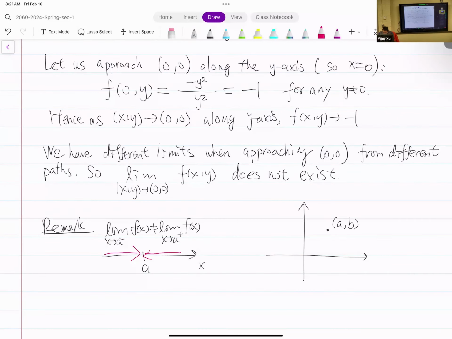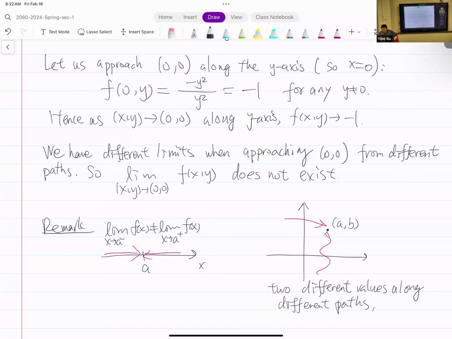So in general, you may pick some direction like this, you may pick another direction like this. If you have two different limiting values along different paths, then the limit does not exist, right?